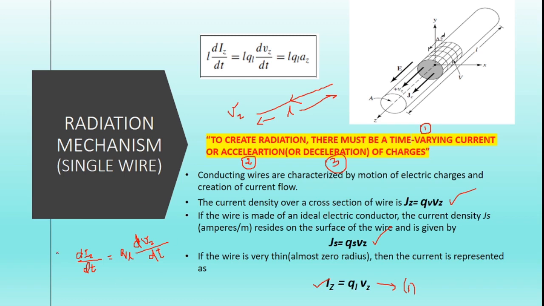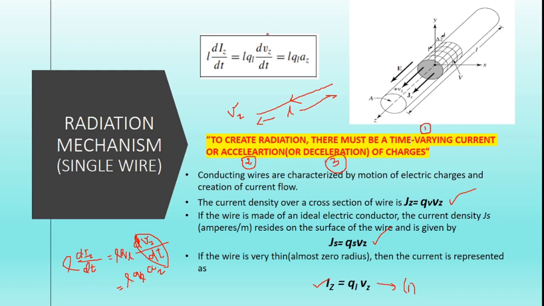Now if L is the length of the wire, then we multiply by L on both sides. So L into diz by dt is equal to L QL dvz by dt. And what is the variation of velocity with respect to time? That is nothing but acceleration. So we can write this as L into QL into acceleration, and the direction of propagation is the Z direction.